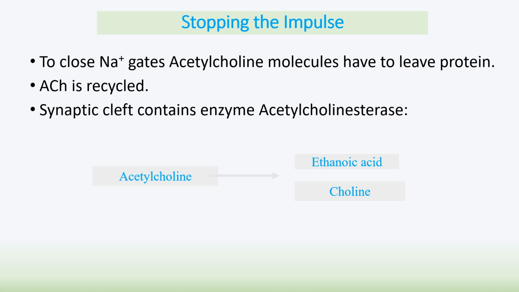It breaks the acetylcholine into ethanoic acid and choline. These then diffuse back into the presynaptic membrane, into vesicles, using ATP to do so, and then that can be released when the next muscle contraction is needed.